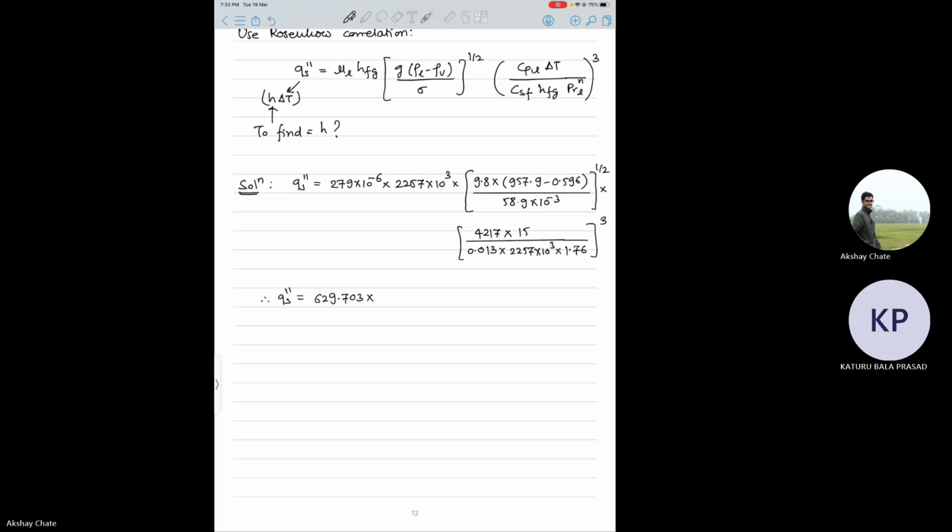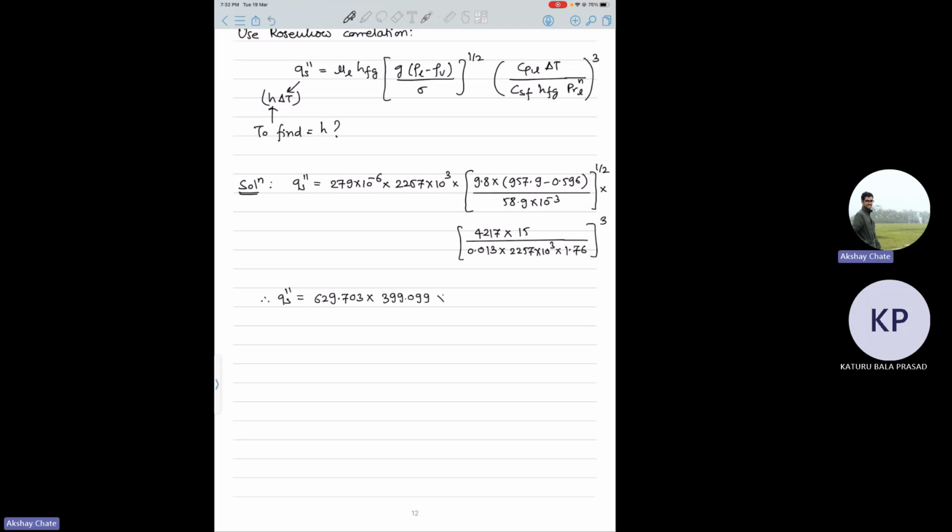So this is 957.9 minus 0.596 into 9.8, which is your g, into 1000 we'll do here only, and then we'll divide by 58.9, and now we have to take the root of this. So that is 399.099.